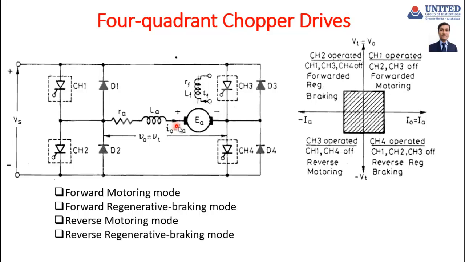As the generated voltage is greater than the input voltage, then the stored energy of motor must be returned to the DC supply through diode D3 and D2, like that. In the reverse regenerative braking mode, motor operates in fourth quadrant.